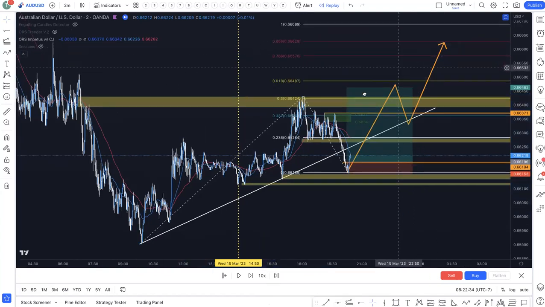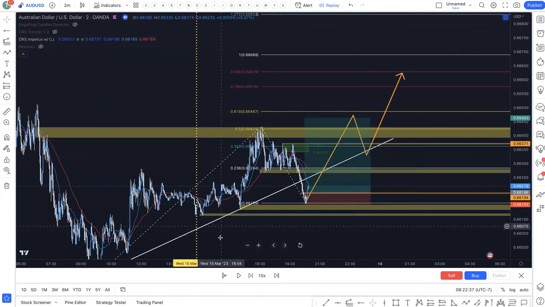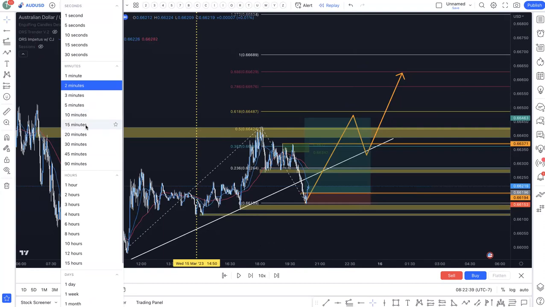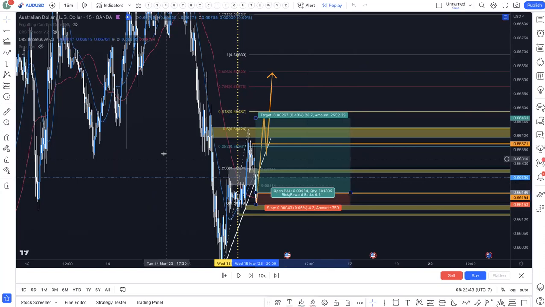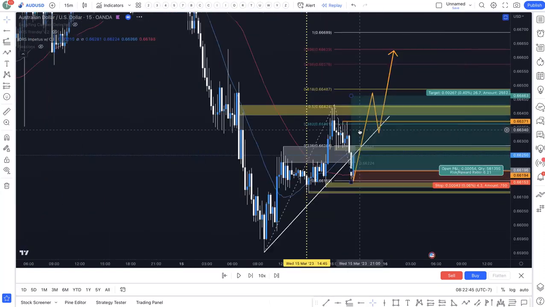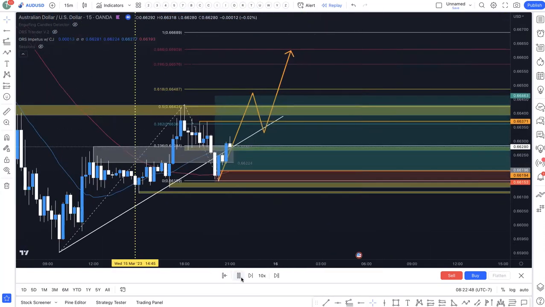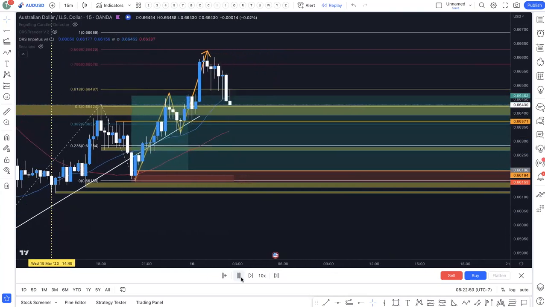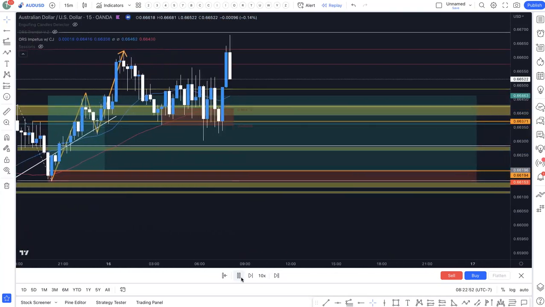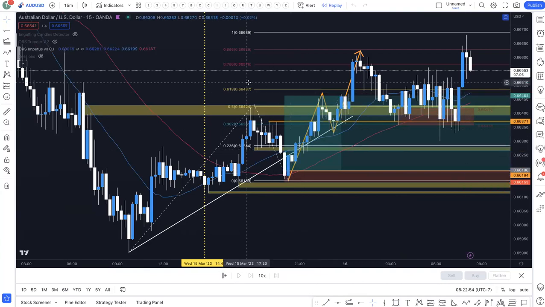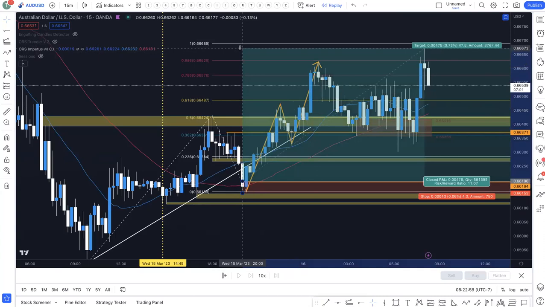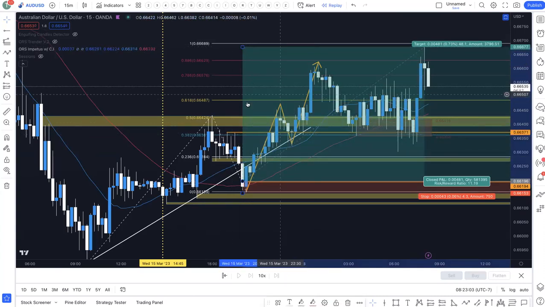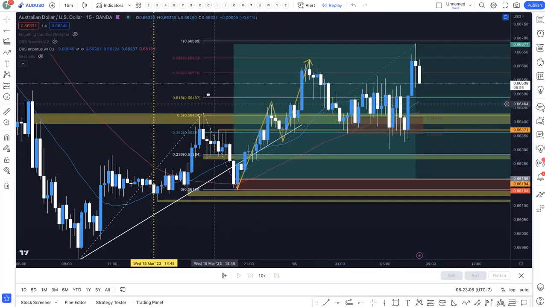And then, you know, potentially go higher, right? So we'll just let this play out. Now there's levels to this, right? But these are just options as we get better with the tool, better with the triangle, right? You can see we're almost at our TP1. Okay. This is it. Okay.